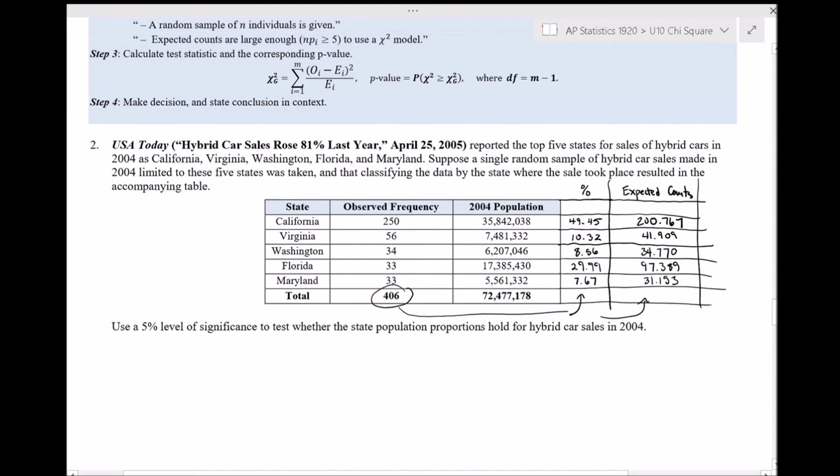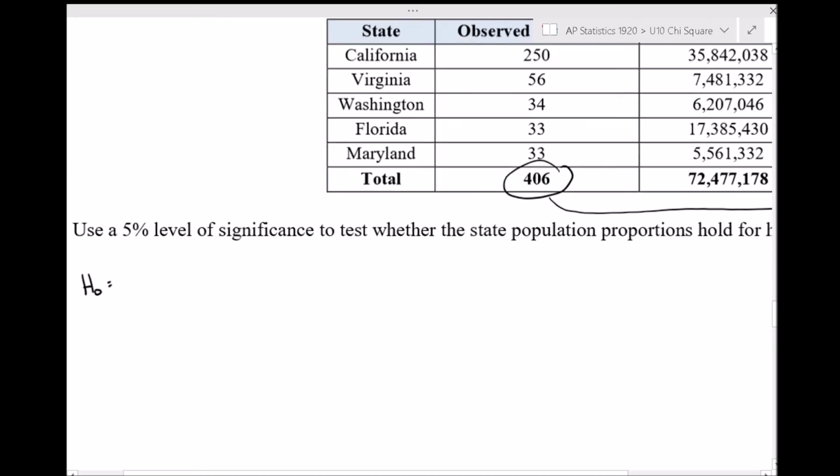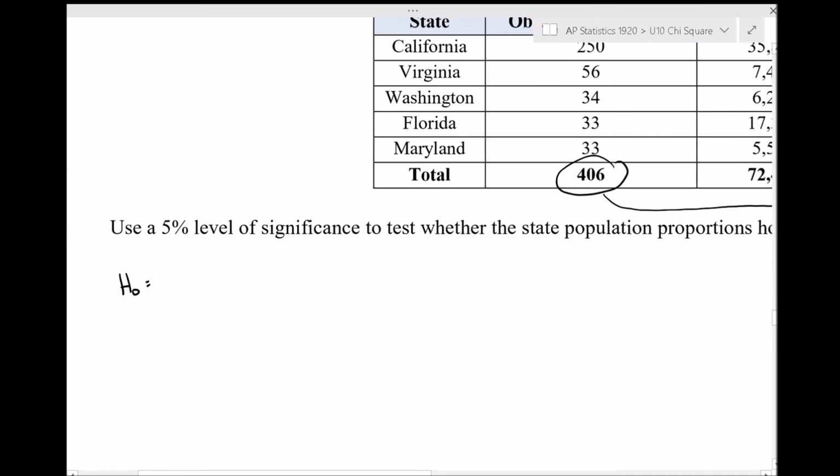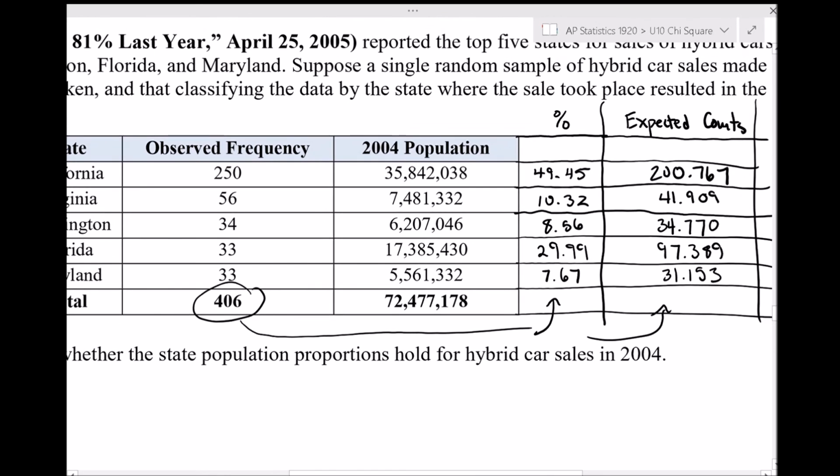So we start off with a hypothesis that we can test, some sort of testable hypothesis, the null hypothesis, H0. And the null hypothesis has to do with the proportions. So we're going to say the proportion for California, abbreviation CA, is 0.4945.